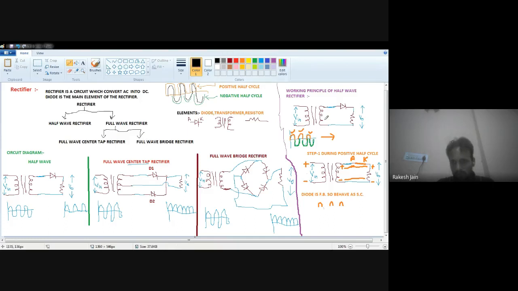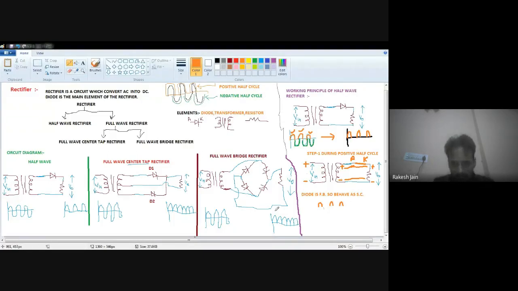See this waveform, this is the output waveform I am drawing here. Like the positive half cycle of the input, at the output I will find as it is the positive half cycle.